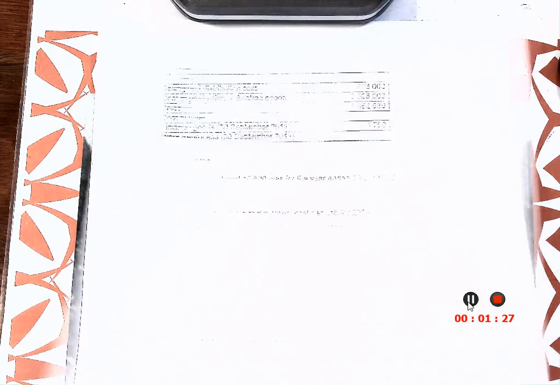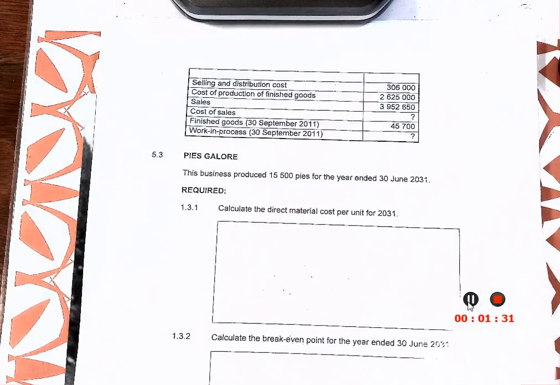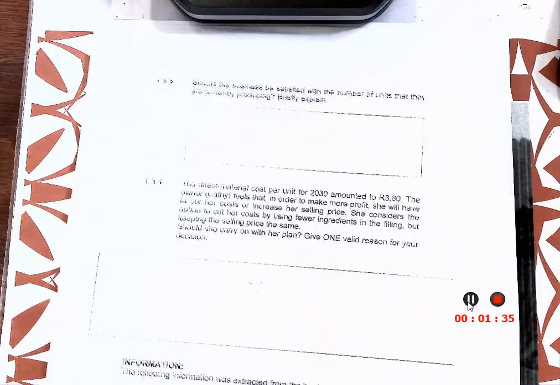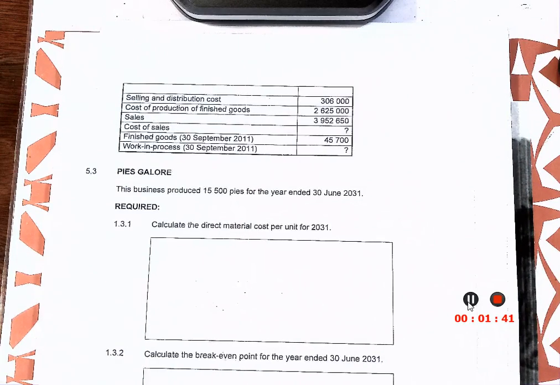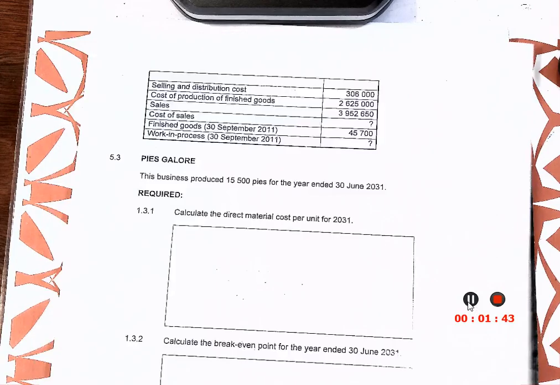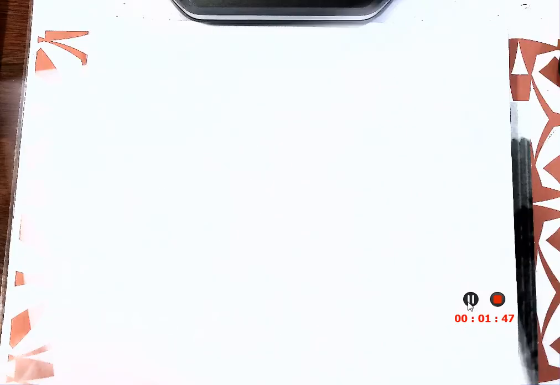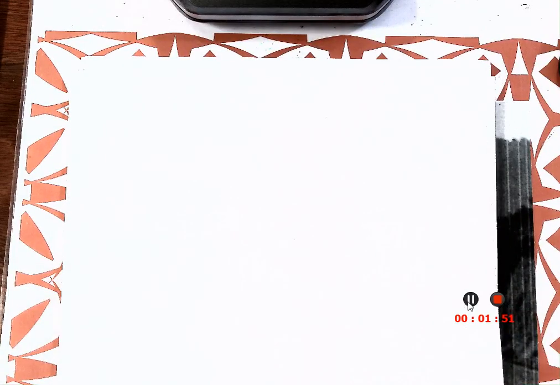Where did I put the production cost statement? There is no production cost statement, so you had to fill in your own one. Let's do it. You have to do it yourself. You must not dump. What are we doing? The production cost statement. Why?